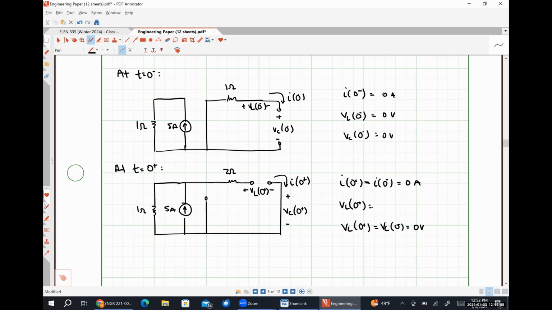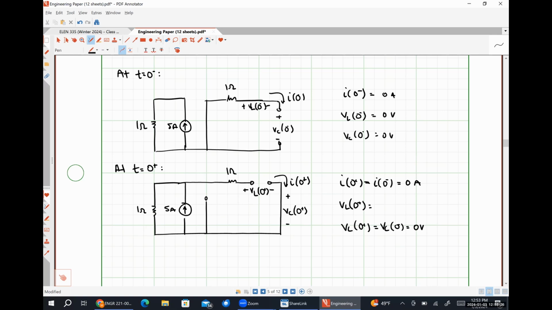So my question to you guys is, did it? Oh, thank you for that, Walker, this should still be a 1 ohm resistor. Doesn't change the answer to the question though. What's VL at 0 plus? 0. So is it 0 volts or is it 5 volts? Because I'm hearing both.